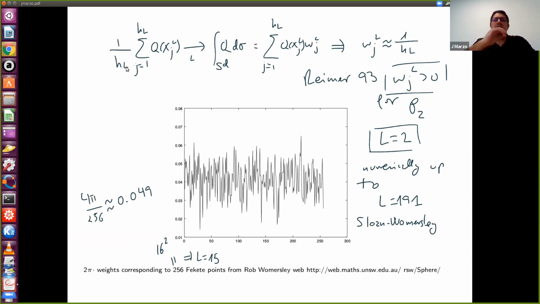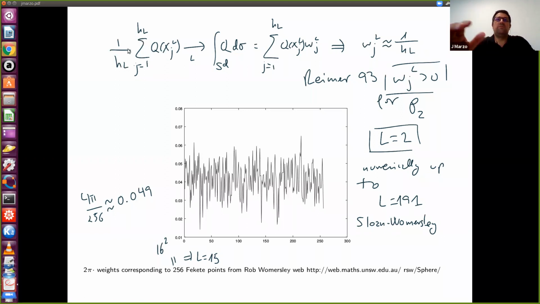Okay, so the thing is, we have these Fekete points x_j, so we have a fixed polynomial in P_L, if you want, and then I consider this sum, now with H_L. So I have the same weight for all these x_j's.